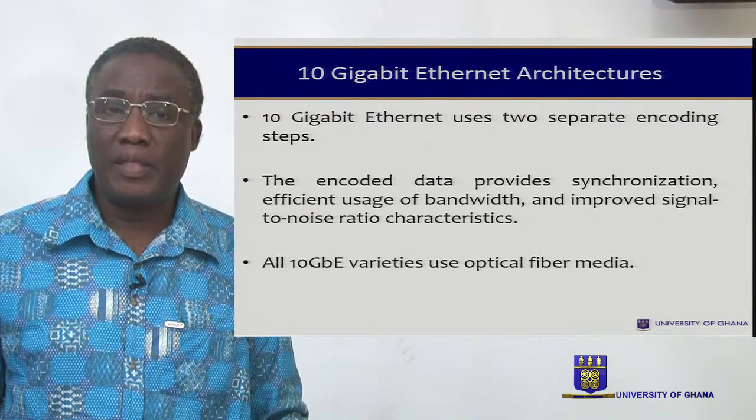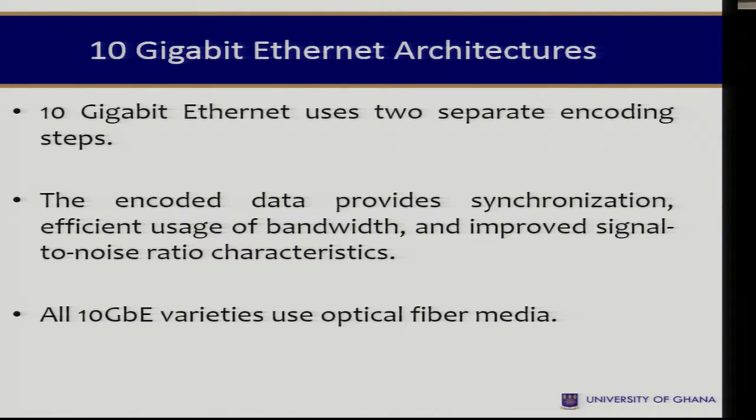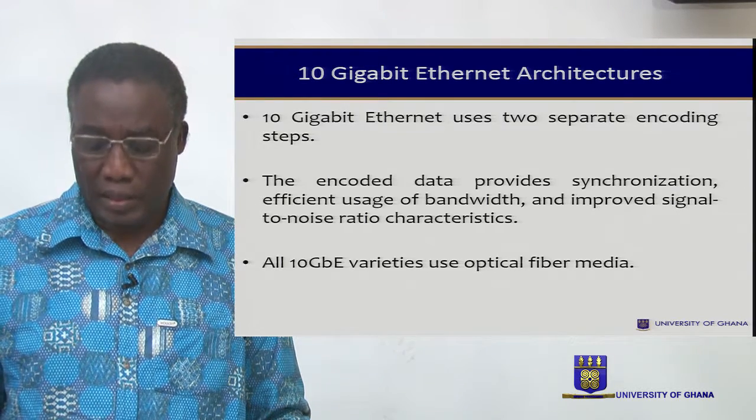The 10 gigabit Ethernet uses 2 separate encoding steps. The encoded data provides for synchronization, efficient usage of bandwidth, and improved signal-to-noise ratio characteristics. All 10 gigabit Ethernet varieties use optical fiber media.